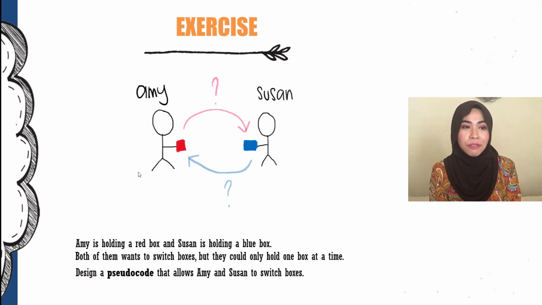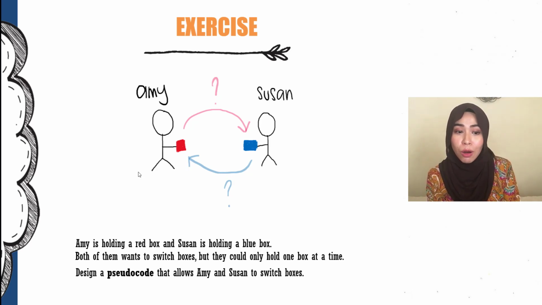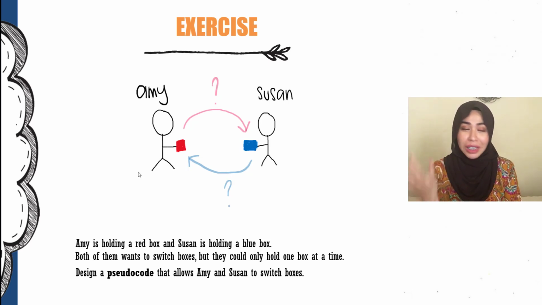Alright, so this is a little fun exercise for you to think about. Let's say I give you this problem. We have two persons here, Amy and Susan. Amy is holding a red box and Susan is holding a blue box. Now, both of them want to switch boxes, but they can only hold one box at a time. Imagine Amy only has one hand and Susan also has only one hand, and both of them are holding boxes.